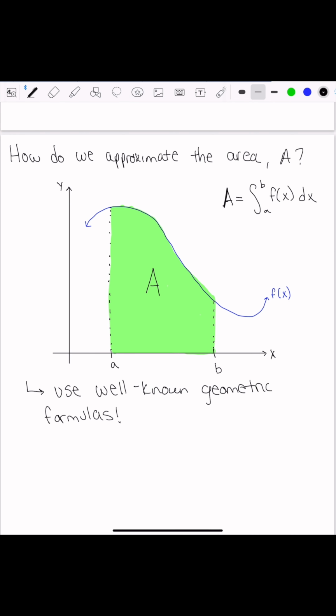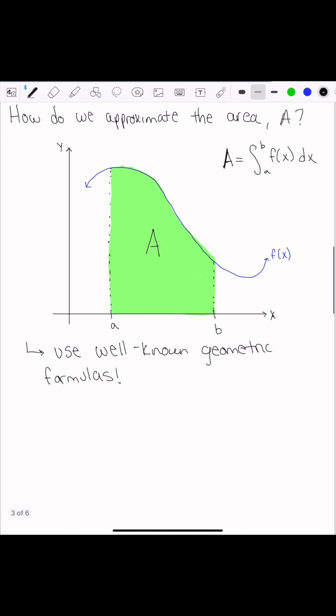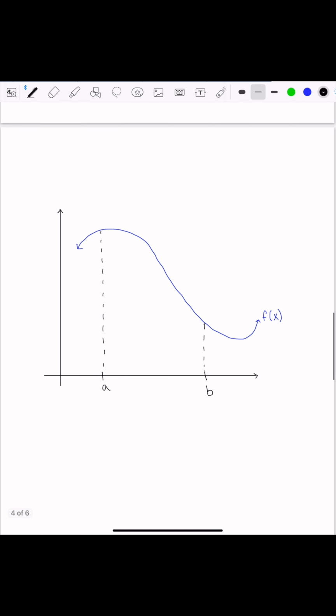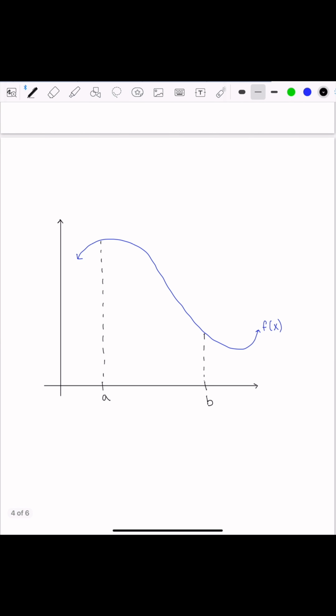What the heck do I mean by that? Well, we're going to break this shape up into smaller shapes, calculate the area of the smaller shapes, and add them all up. Let's say that we divided this area into two rectangles. When I'm trying to make these rectangles, I could use various heights.